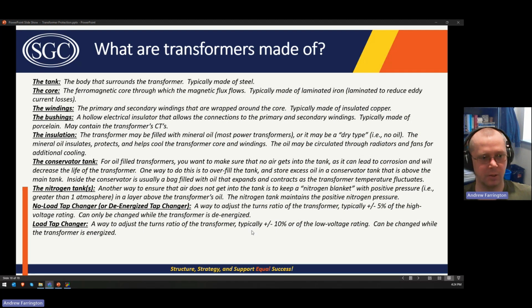So you've got a load tap changer controller that is monitoring the voltage on the low side of the transformer and then adjusting the LTC tap position up or down in order to maintain a constant voltage at the loads. So as the load increases and you're drawing more current through the transformer and you get more of a voltage drop through the transformer, you increase that secondary voltage to maintain an appropriate voltage for the customers on the low side.